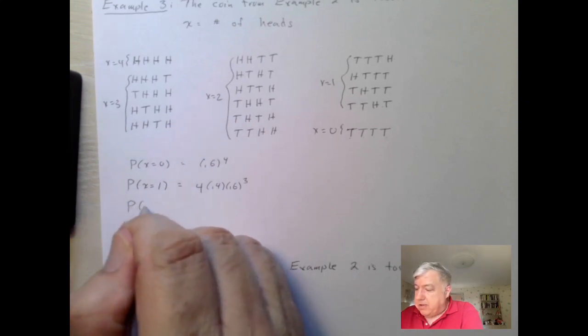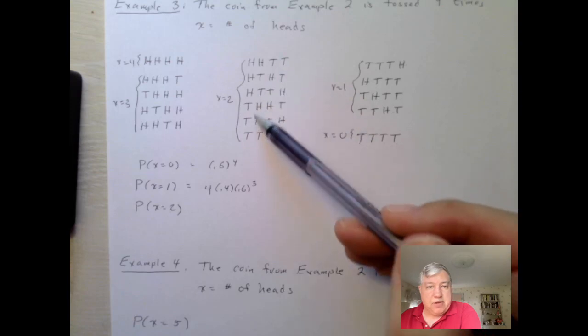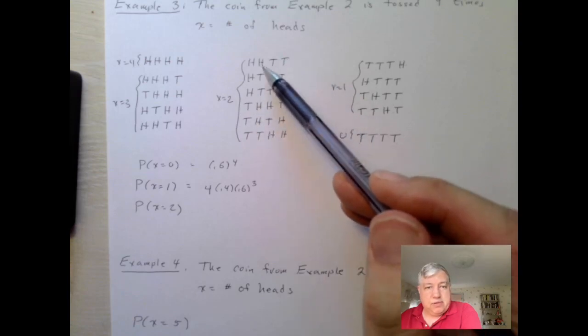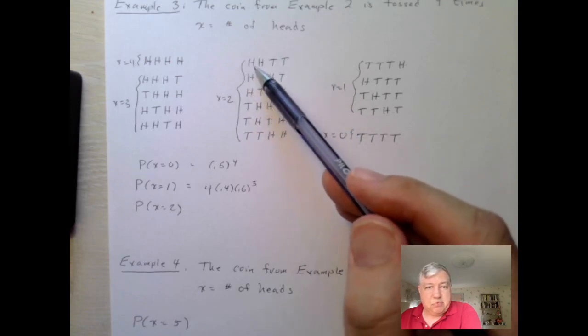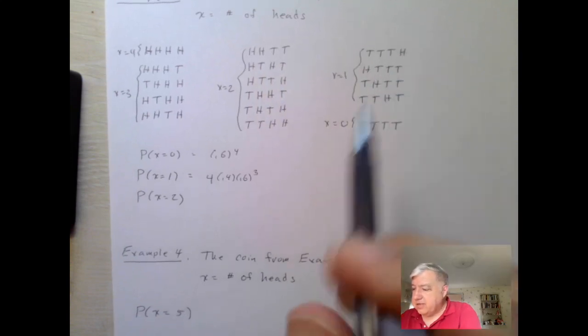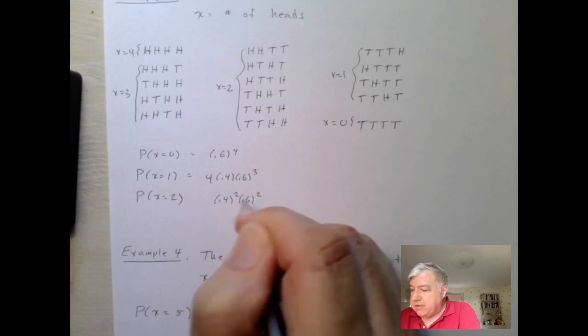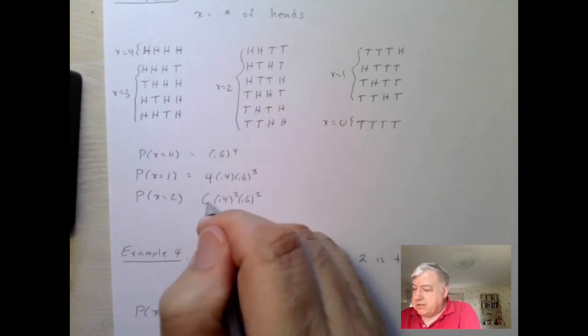And the probability of exactly 2 heads would be the probabilities of all these events, and the probability of any of these events would be 0.4 times 0.4 times 0.6 times 0.6. So this would be 0.4 squared times 0.6 squared, and there are 6 of these, so we get 6 here.